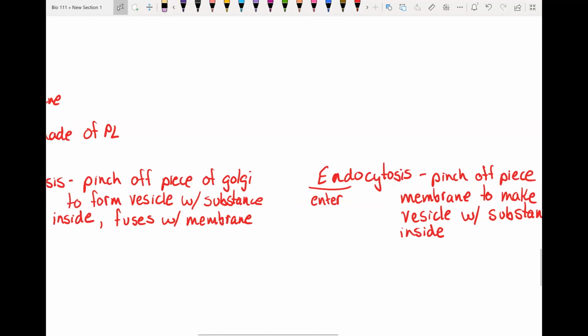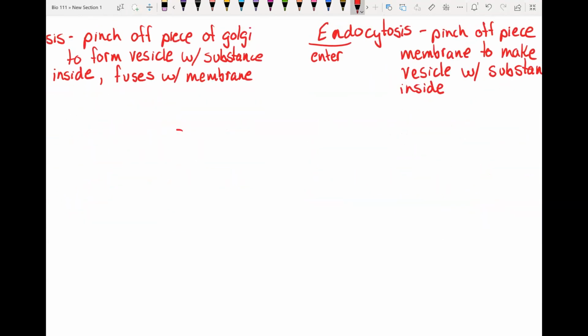Okay, so let's look at this. Here we have a cell, and here is our substance. Where the substance is, you start to get a dent in the cell there. And that dent grows, so you keep pushing that dent in.